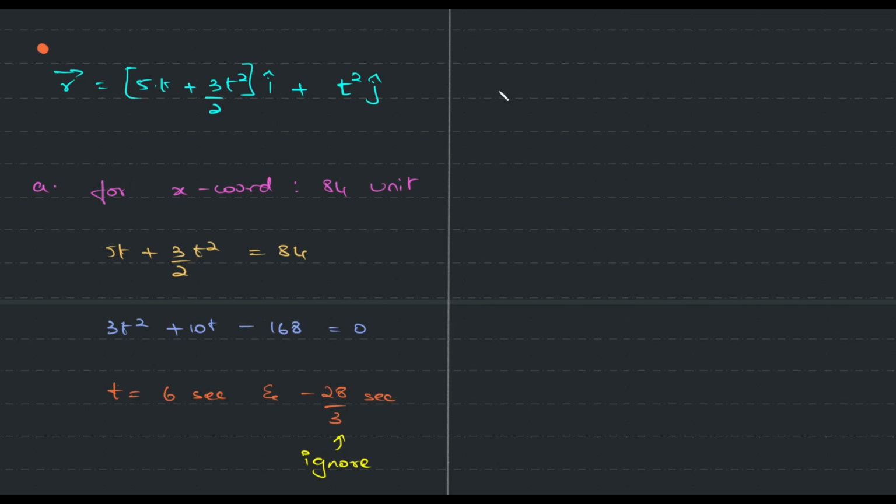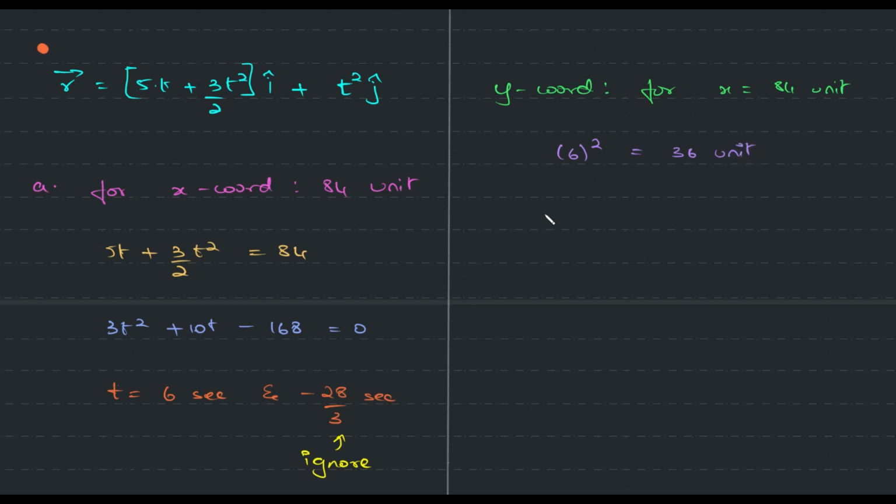Right? So you have your y coordinate for x is equal to 84 units. It will be 6 square, that's it, 6 square. That is 36.